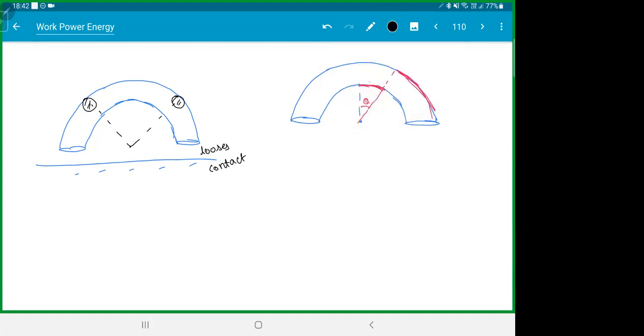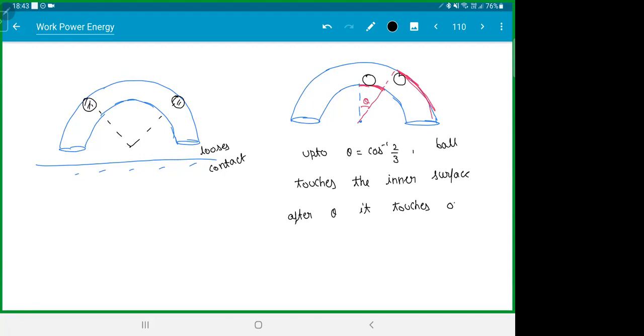Then the ball touches the upper surface. So up to theta, which is cos inverse 2 by 3, the ball touches the lower surface, and after that it touches the outer surface, meaning the upper surface.